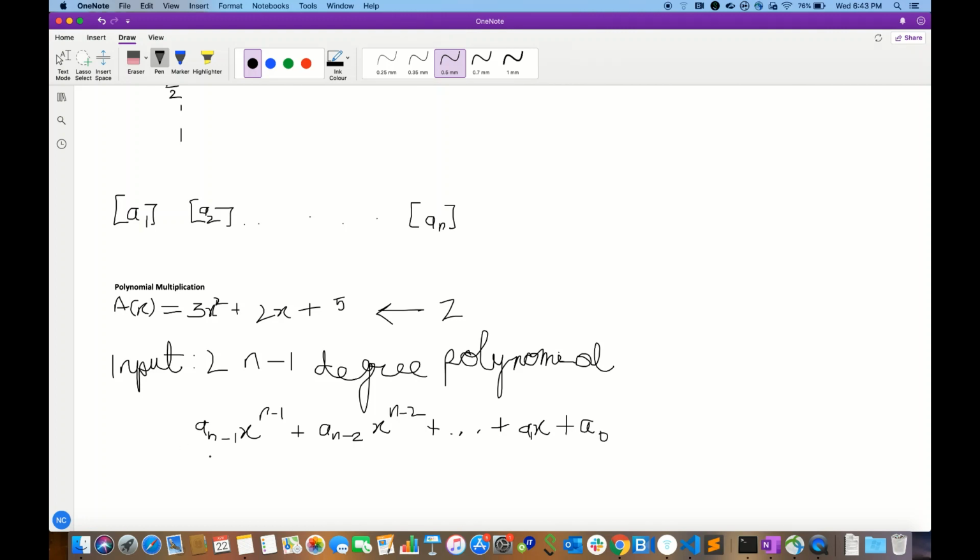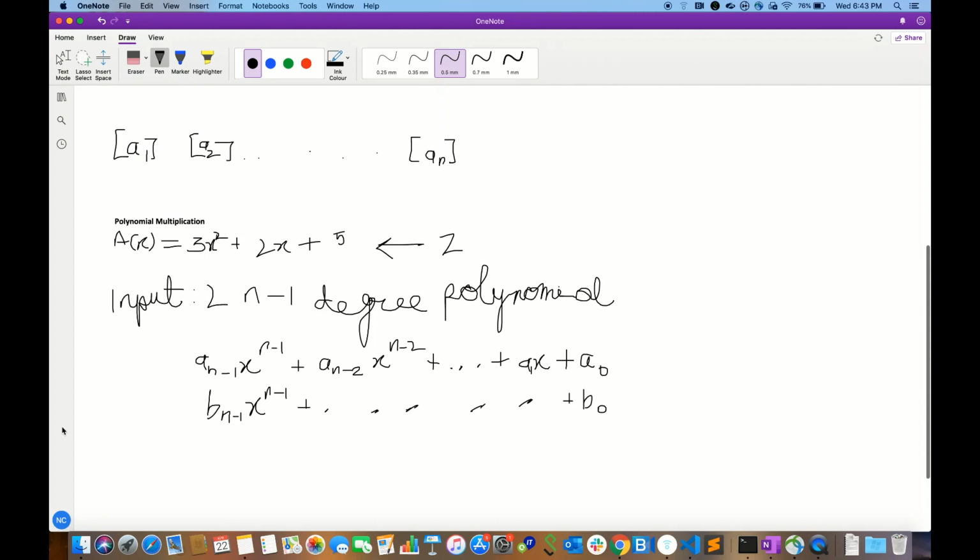Similarly, it will be in the same format for b n minus 1 x to the power n minus 1, and it will go till b naught.